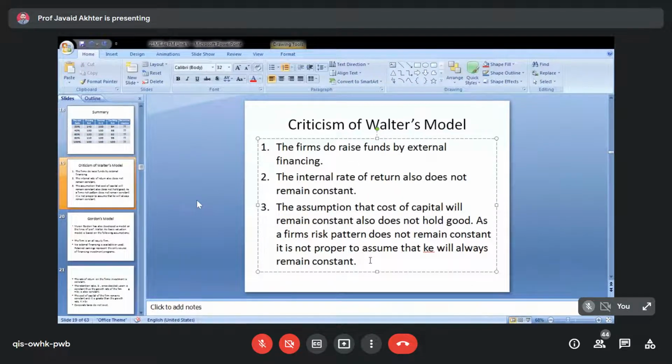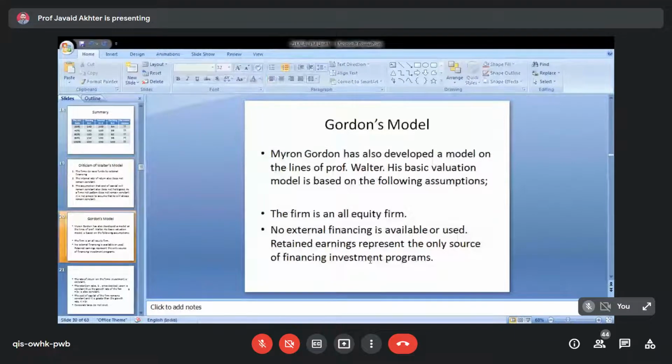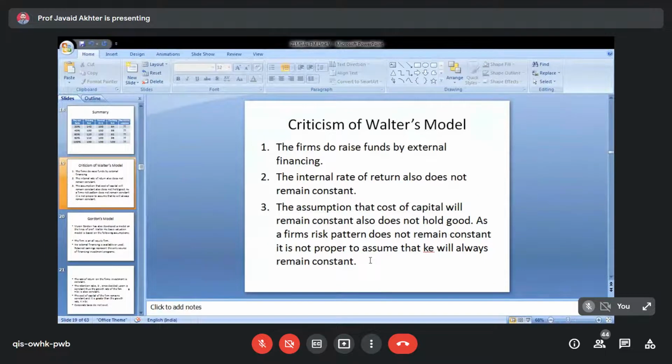Having said about the criticism or the assumptions, still it provides some theoretical background for the discussion based on which a firm can decide to pay or not to pay, and if it decides to pay, then how much to pay. So this in brief completes our discussion on the relevancy theory of dividend, and within relevancy theory, Walter's model, and within Walter's model, 3 categories of firm.